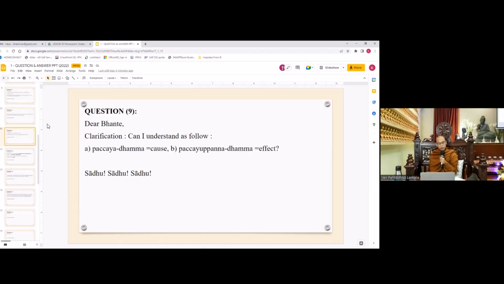Sometimes the given rise is also considered a cause, as I mentioned with the arammana. Just being the object is a cause. If you see someone and you get angry, that person does not do anything to you, but that is a cause for your anger. So being an object can also be the cause. If you want to say Paccaya Dhamma is cause and Paccayuppanna Dhamma is effect, it is right.